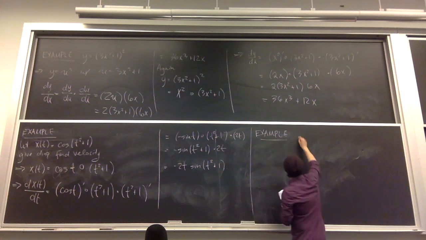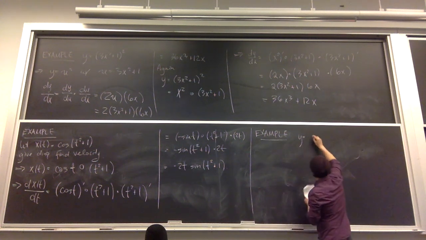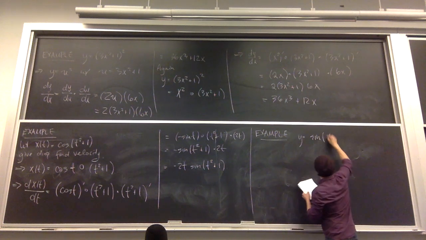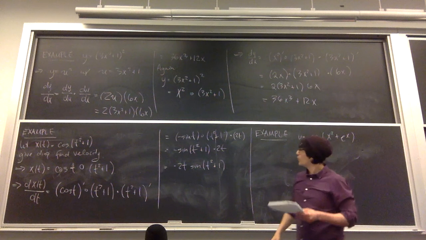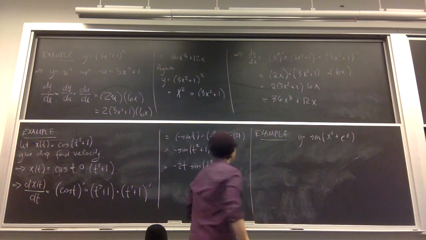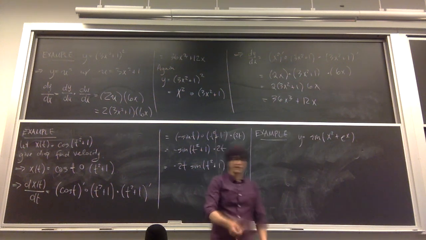What about y is equal to sine of x squared plus e to the x? I'm going to wipe my board, give it a try. Obviously find the derivative.